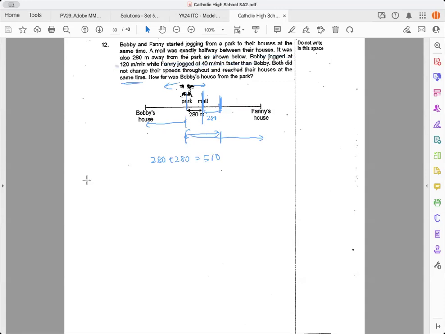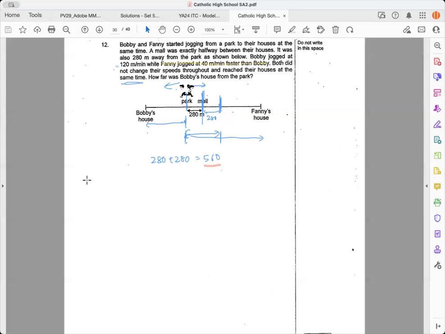Okay, let me clear up this one. Let me write again, clearer to you. This is important. Fanny jogged 40 meters per minute faster than Bobby. So every minute, Fanny jogged 40 meters more. And we know from this statement, Fanny jogged 560 meters more altogether in the same time period.